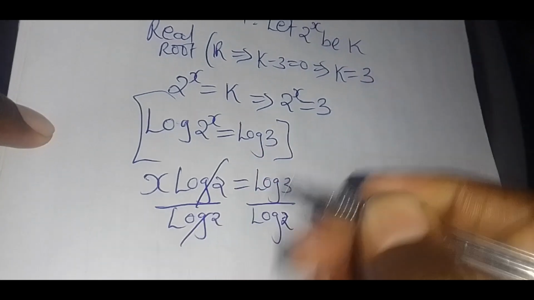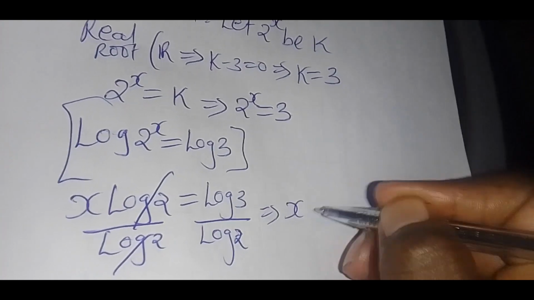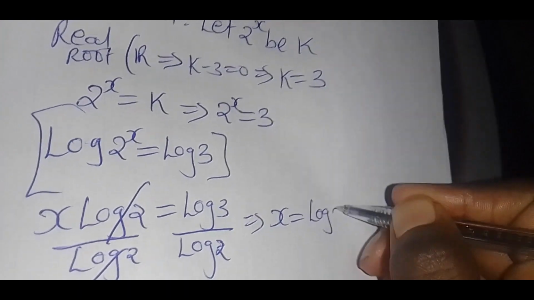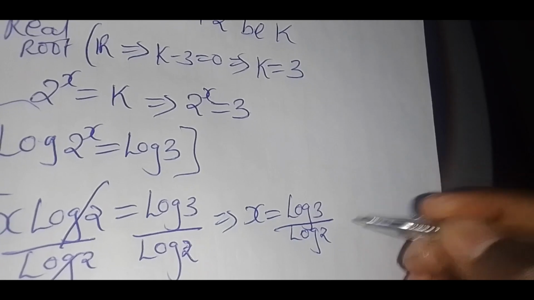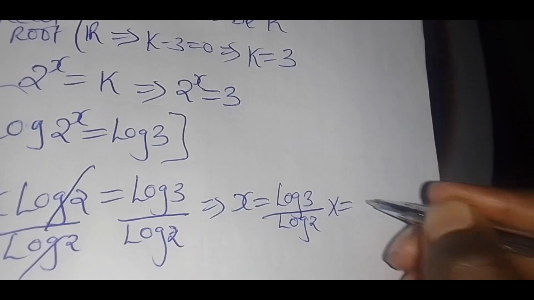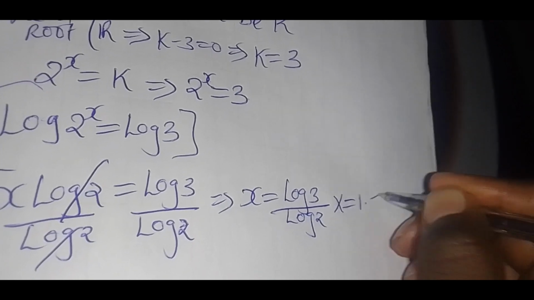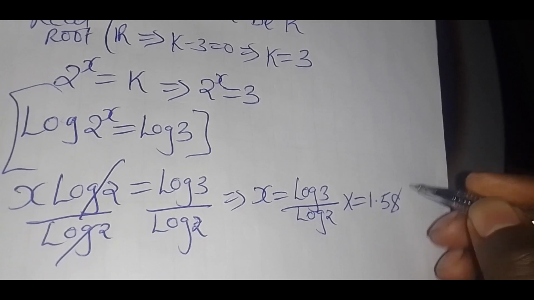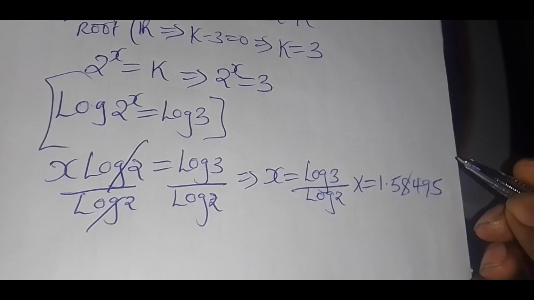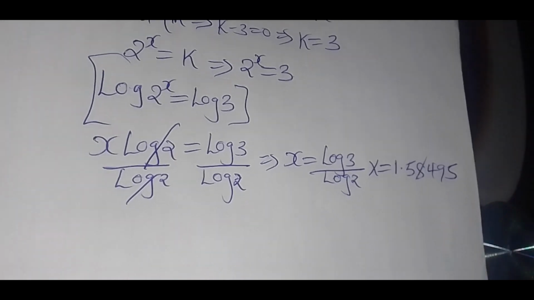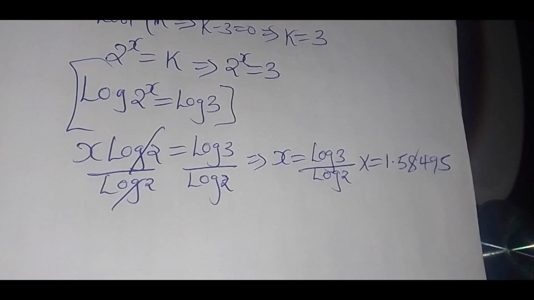So if you simplify, you'll have x is equal to log 3 divided by log 2. If you divide that, x is equal to 1.58495.